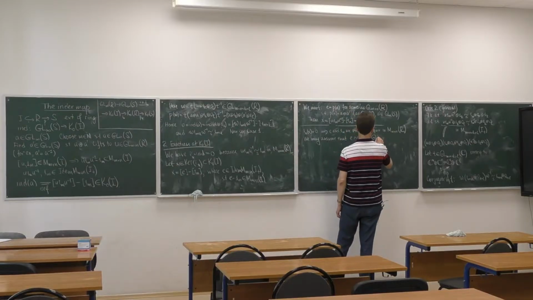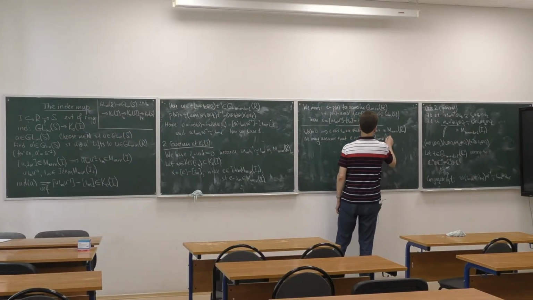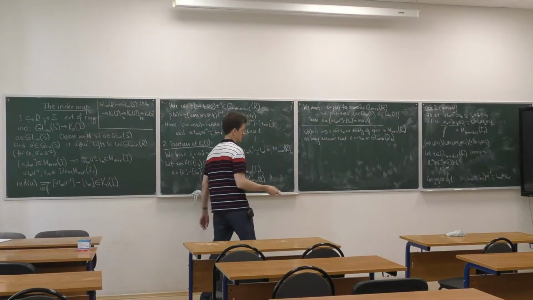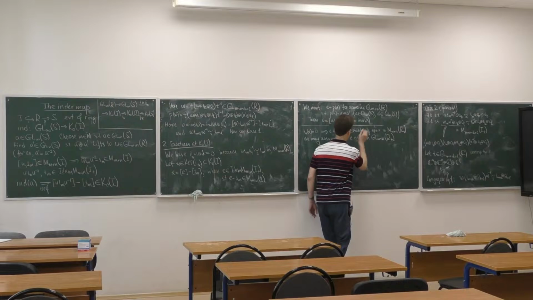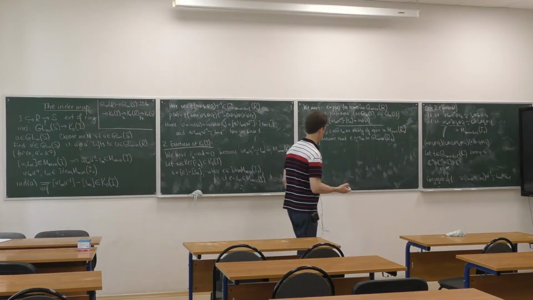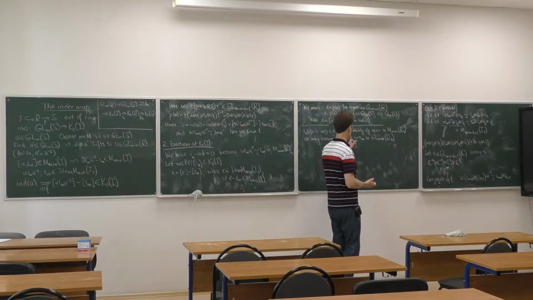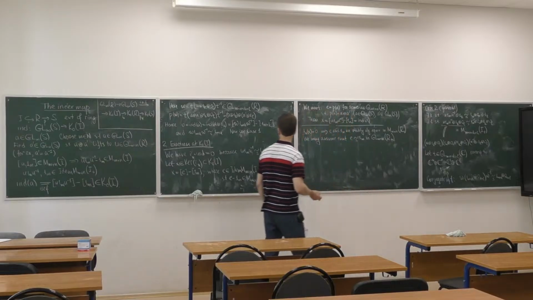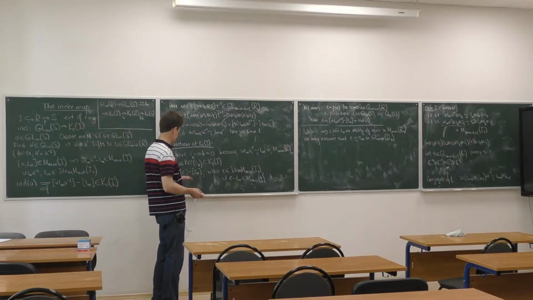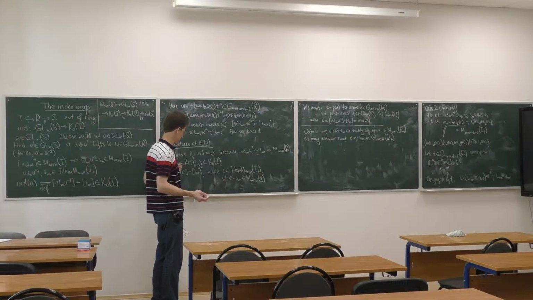We may assume that they are similar in GL m plus n over R plus, because if they are not similar, then we can first add an identity matrix of a suitable size, such that the new matrices will be algebraically equivalent. And this doesn't change our element X. So if we add the same summand here and here, then this summand just cancels.